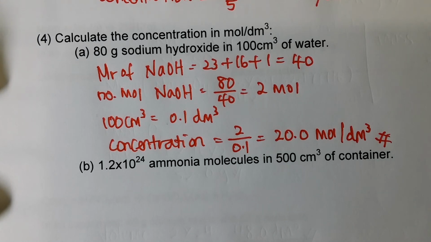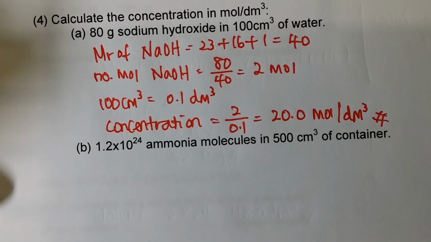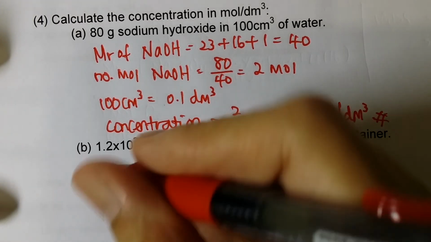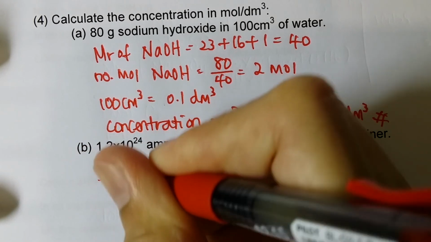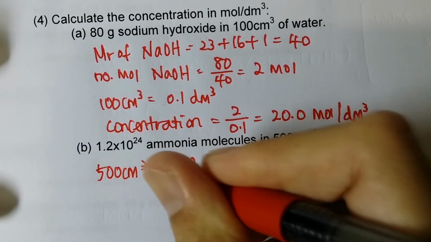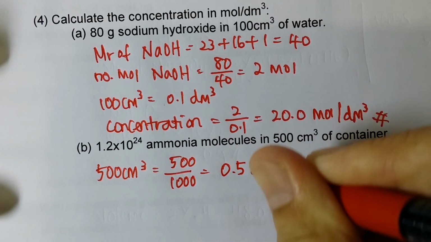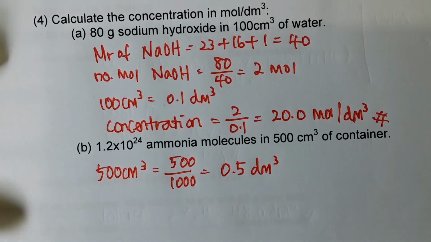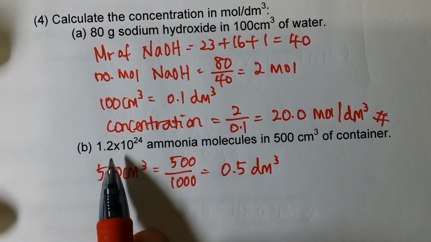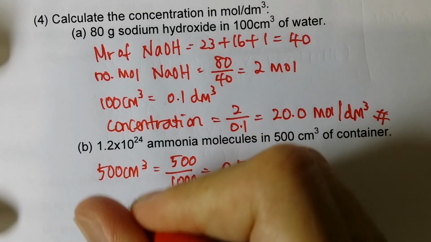How about this many molecules in a 500 cm³ container? Okay, 500 cm³ is 500 divided by 1000, which is 0.5 dm³. This many particles, what is the number of mole?